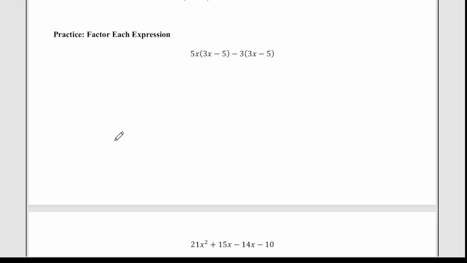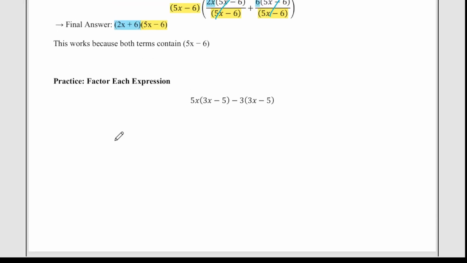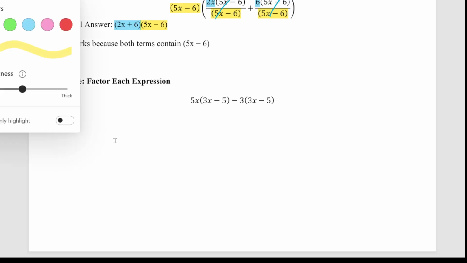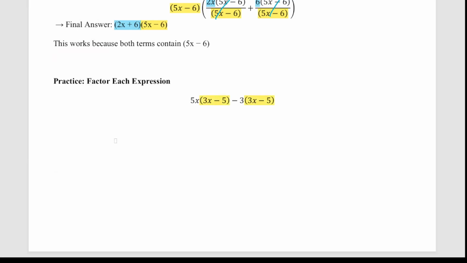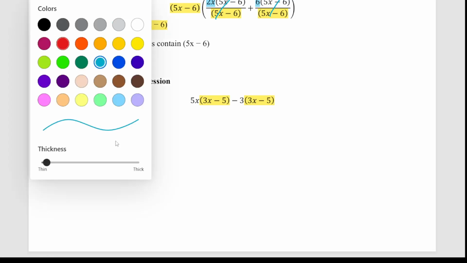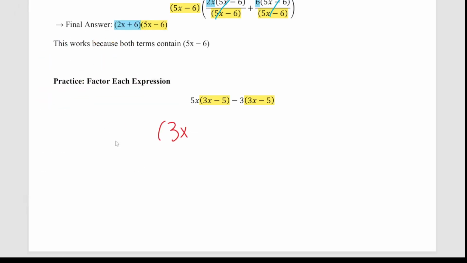So I'm going to go ahead and encourage you to pause and try this first one yourself, since it is very similar to the first example, where it's already been somewhat set up for that factoring by grouping for you. So here, it looks like our common factor is going to be that 3x minus 5. So I'm going to go ahead and pull out front a 3x minus 5. And then what's going to be left in parentheses?